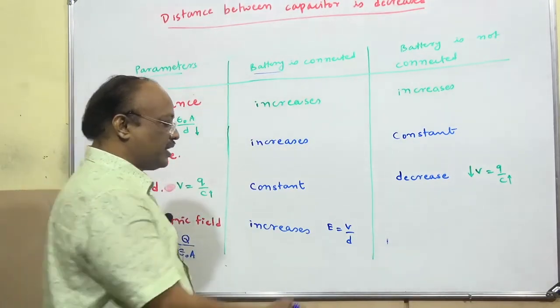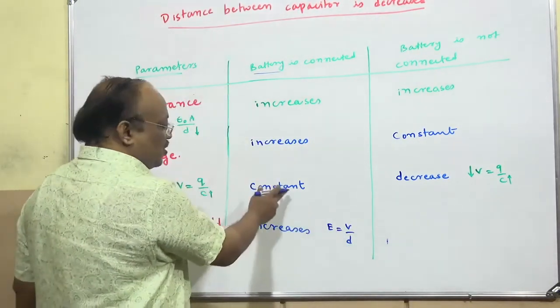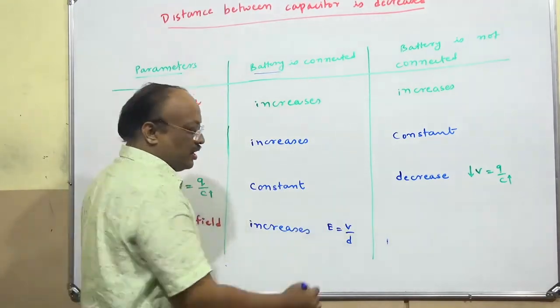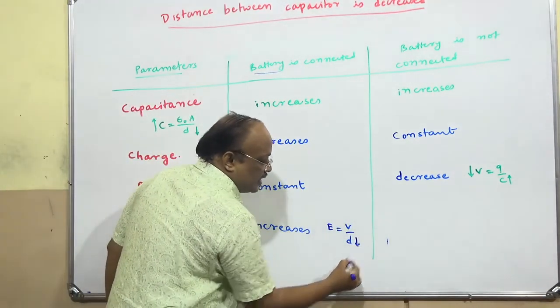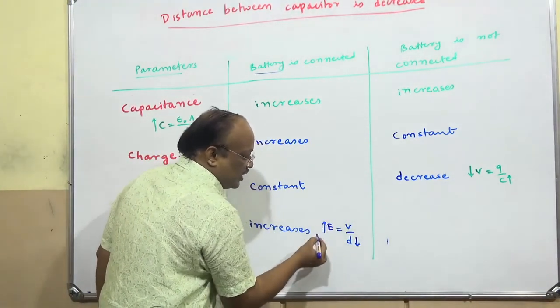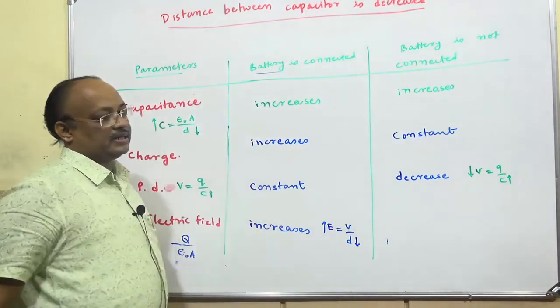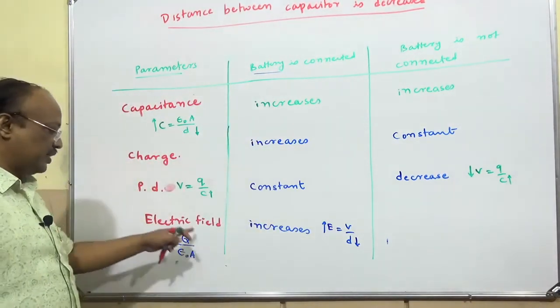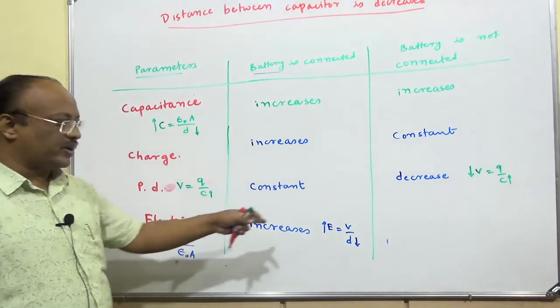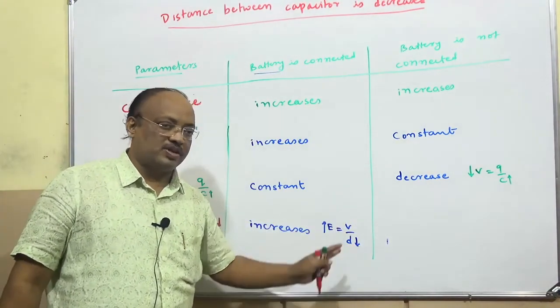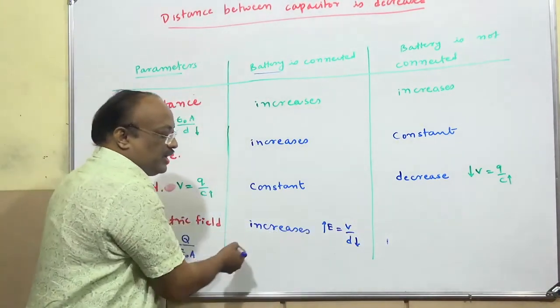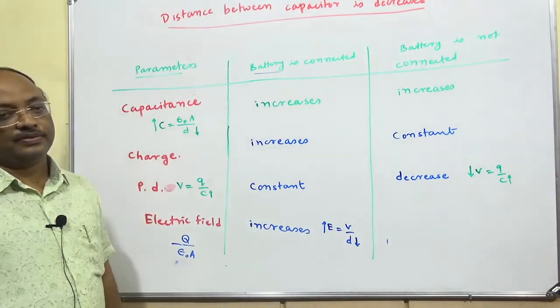So for this, the potential difference remains constant. What are you doing to D? You are decreasing D. So therefore, electric field automatically increases. You can use either this formula or this formula. It increases.